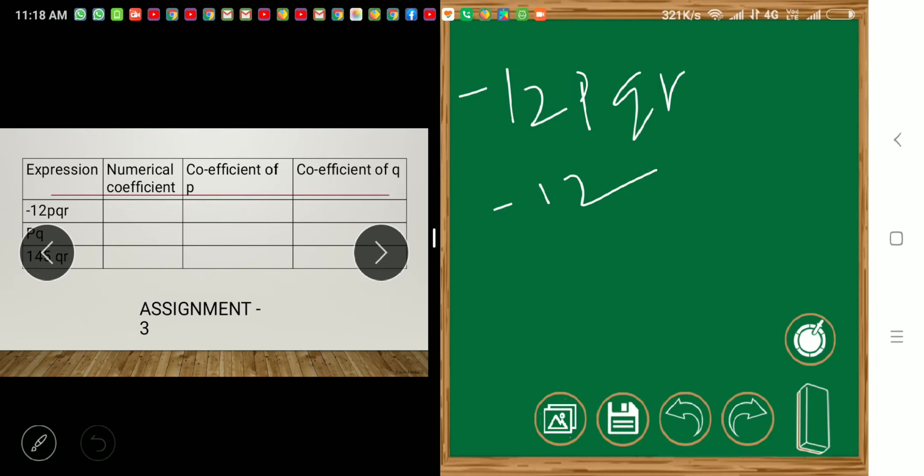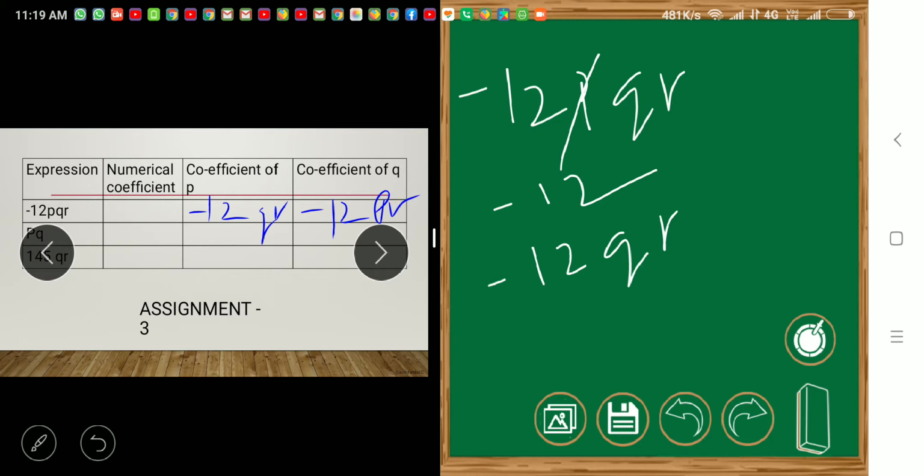Minus 12. And what is the coefficient of P? Cut the P, so it is minus 12Q. Coefficient of Q: cut the Q, so minus 12P.